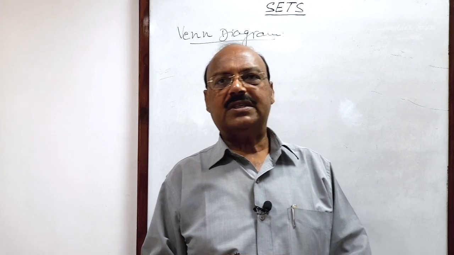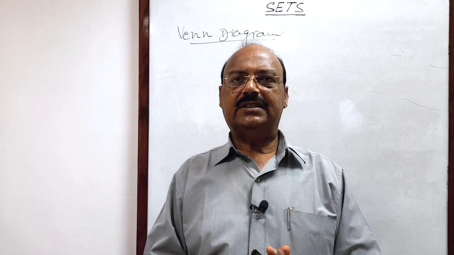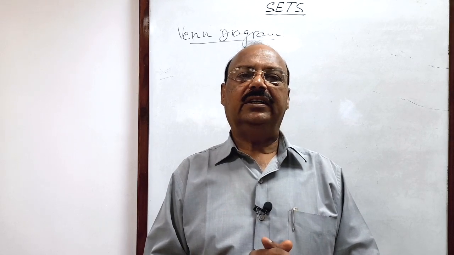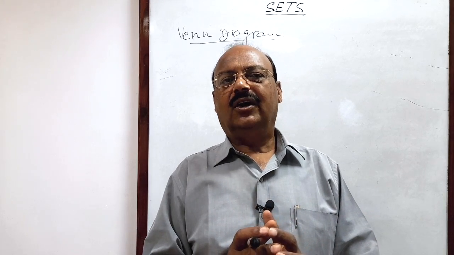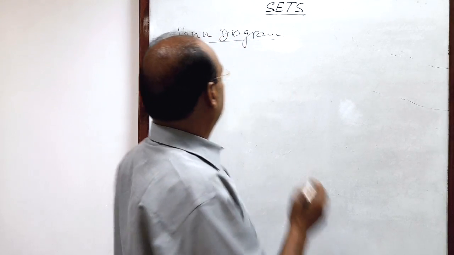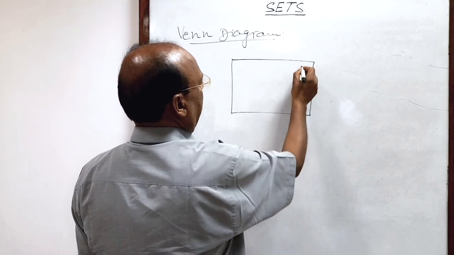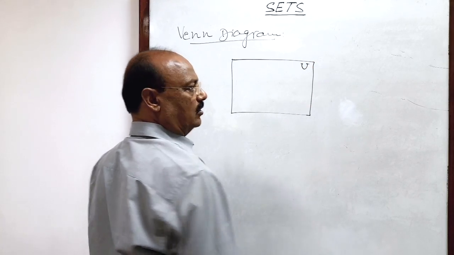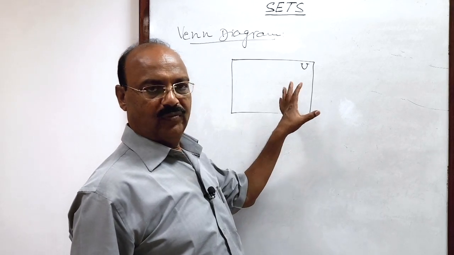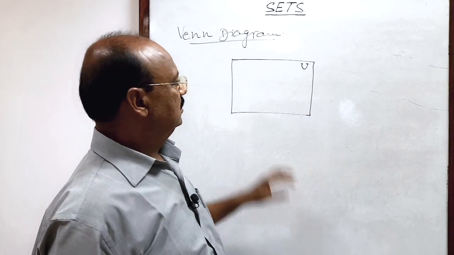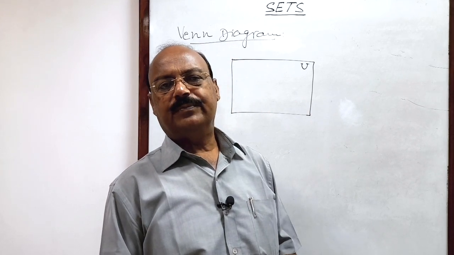So superset, or you can say universal set, is represented by interiors or all internal points of a rectangle like this, and you write here in the right top corner U for universal set. Okay, and other sets are subsets of this universal set.